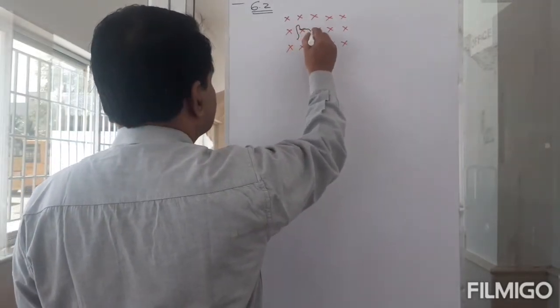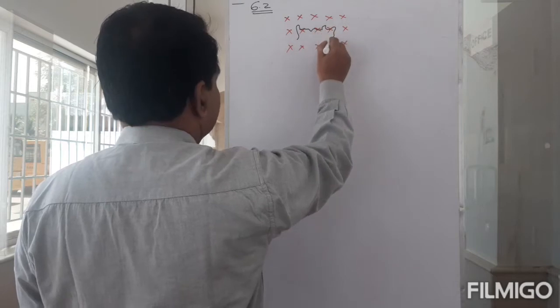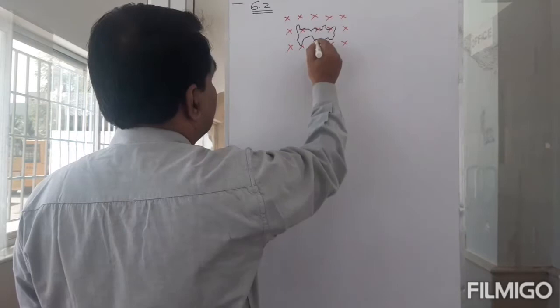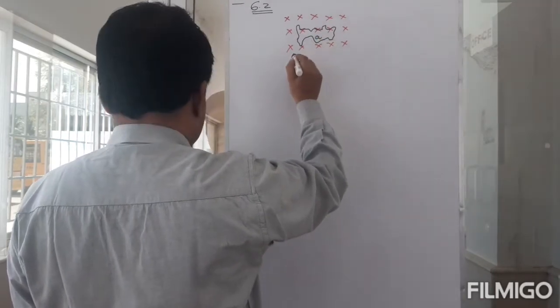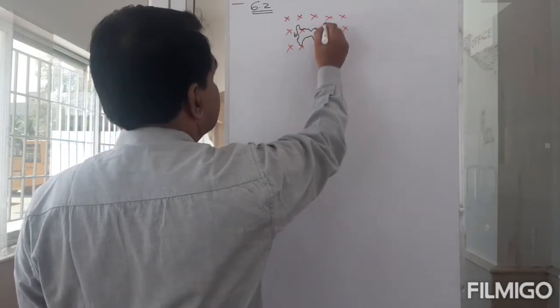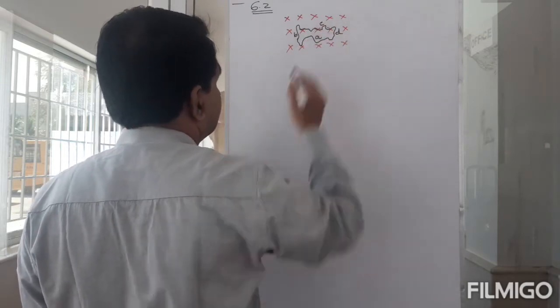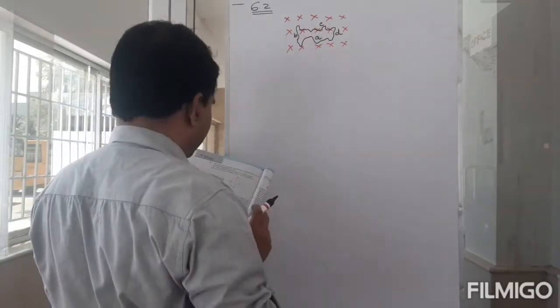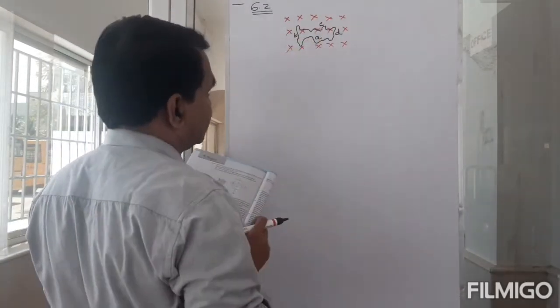So it's something like this. I'm doing it approximately, something like this. So you have A here, and then you call this point B, and then C, and then D. These are the different points on this irregular shaped wire.